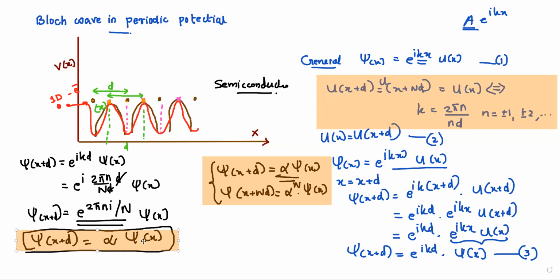This is actually u of x, this one is a Bloch function. There is some misunderstanding here. This is the Bloch function, and combining these two in this one, that is the Bloch theorem.